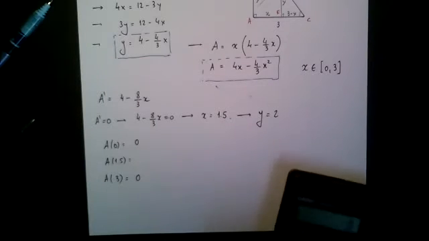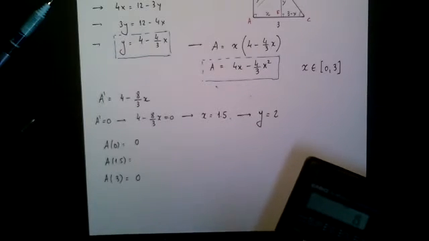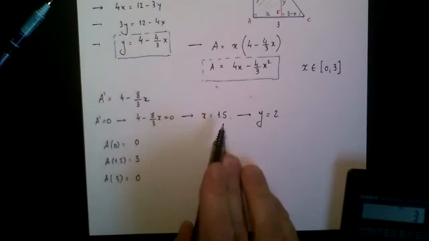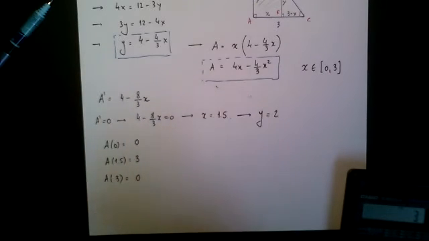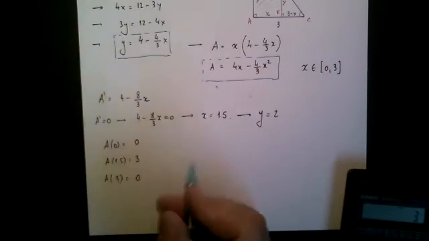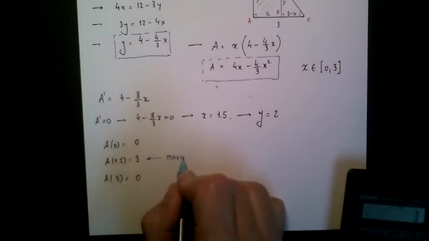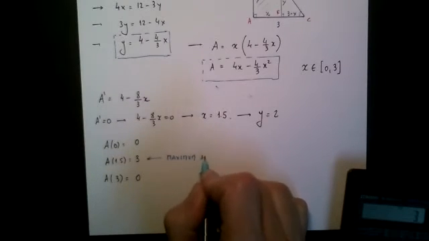Let's calculate. I get 3, which is normal, it's the area, 1.5 times 2 is 3. And so this is the maximum area.